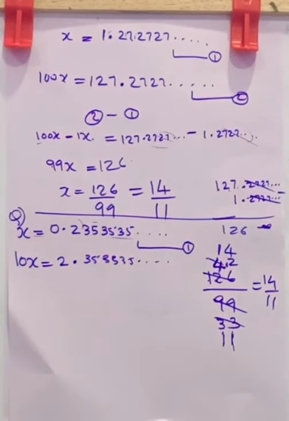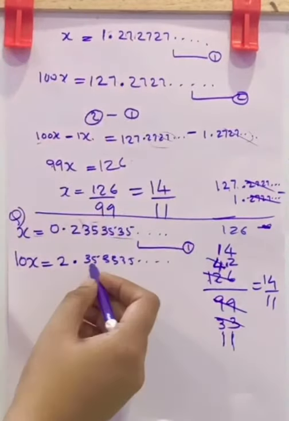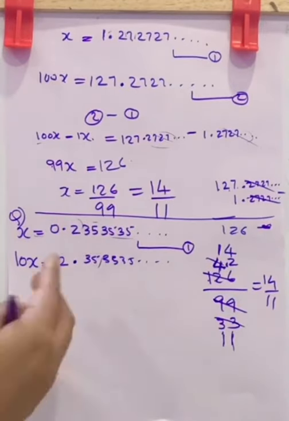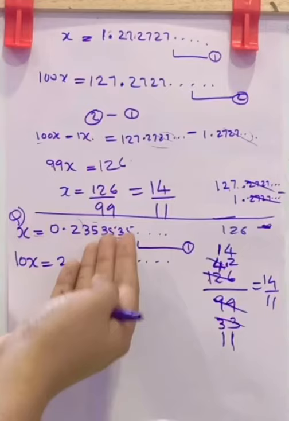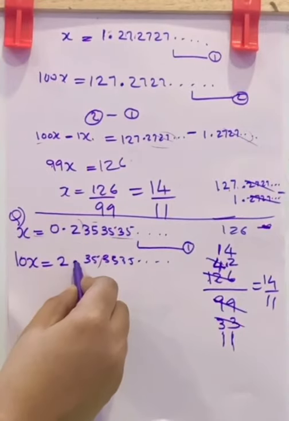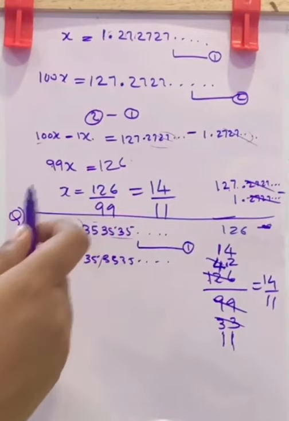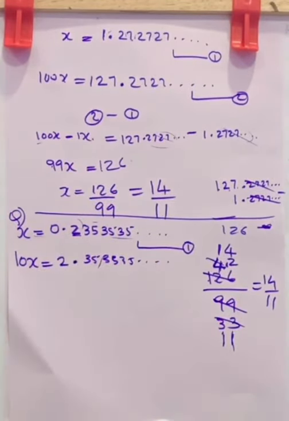Okay. Now again in this method, we want to check how many numbers are repeating. So first we make the non-repeating number a whole number part. That is, here only one number is not repeating.